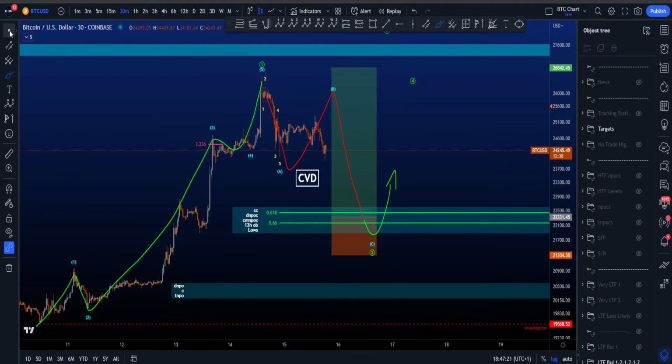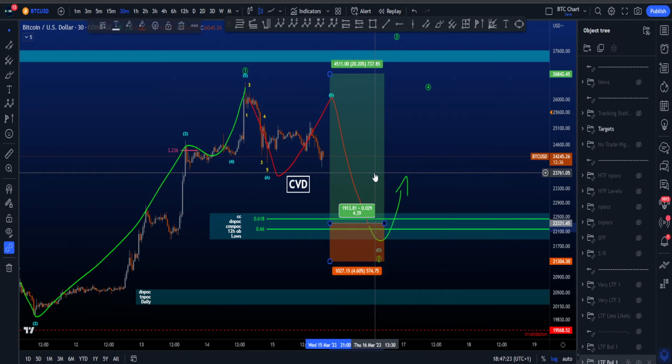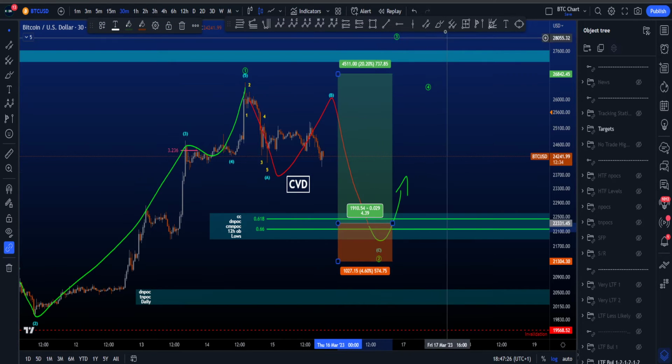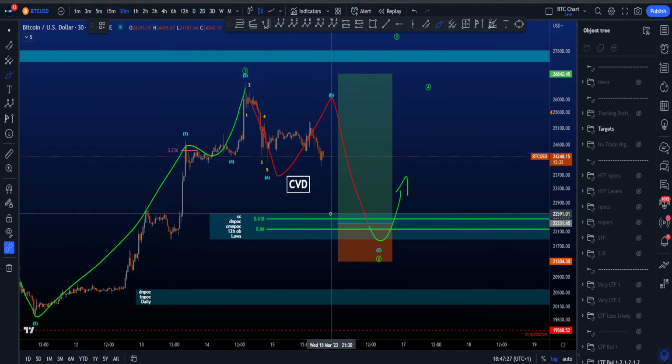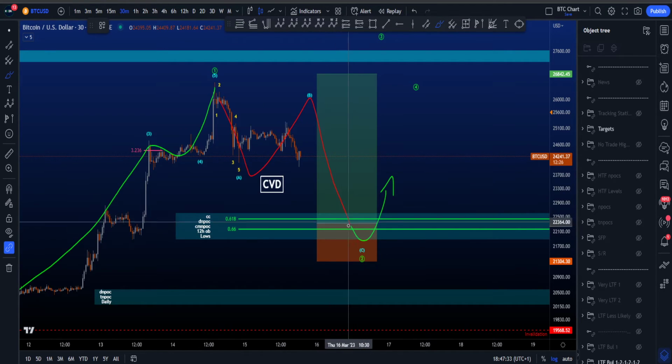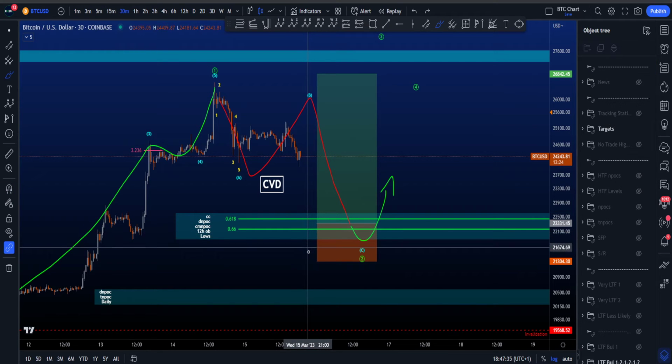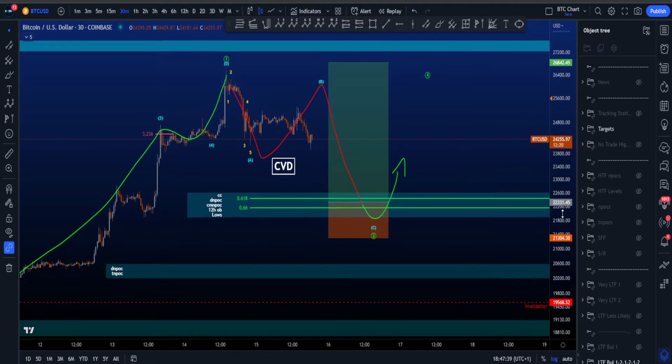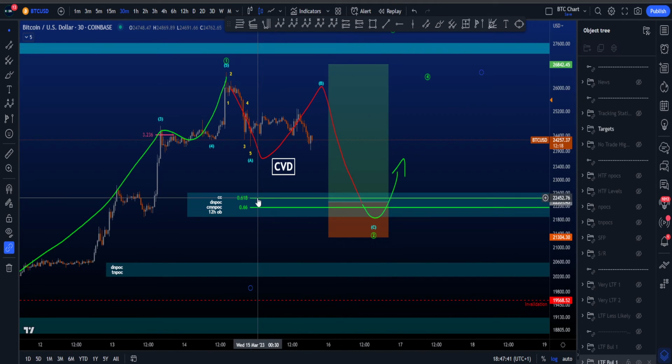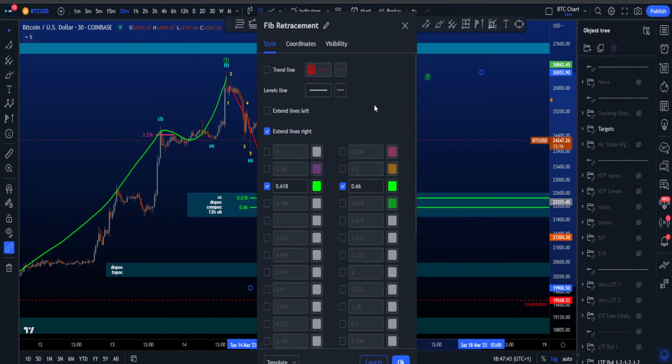Now this is an interesting potential trading setup depending on how we're going to approach this target box level, and the target box is between 22.5k basically and 21.9k. So if we move down, this can be an interesting setup. Where the stop loss should be is a little bit of a question mark, as a wave 2 can go pretty deep. So I now have the golden pocket on my chart.